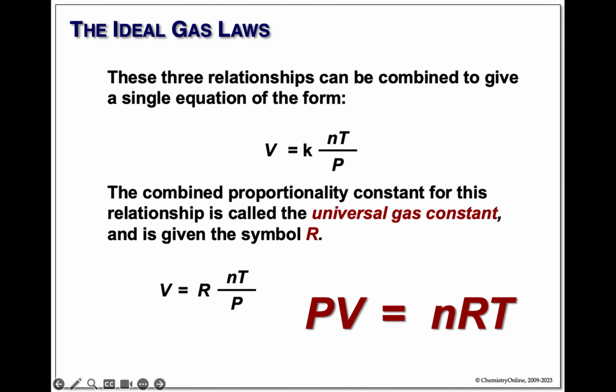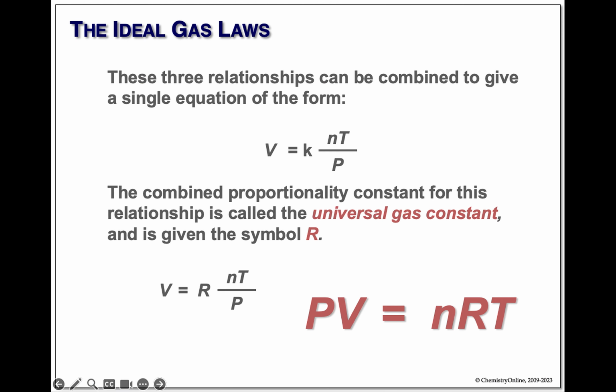The only problem is, what the heck is R? We can't do anything if we don't know what R is. But we do know what R is. Avogadro told us.